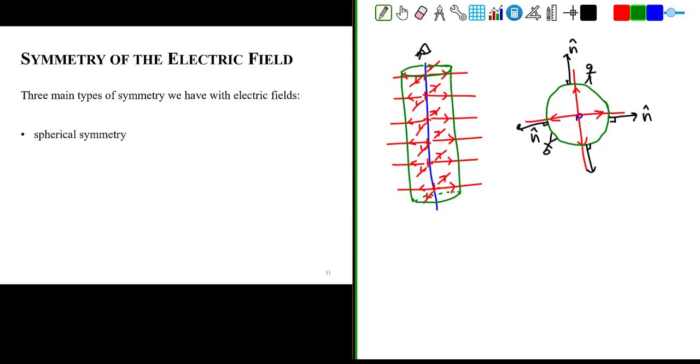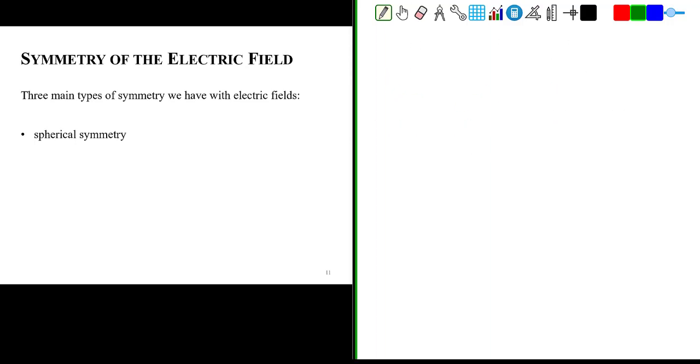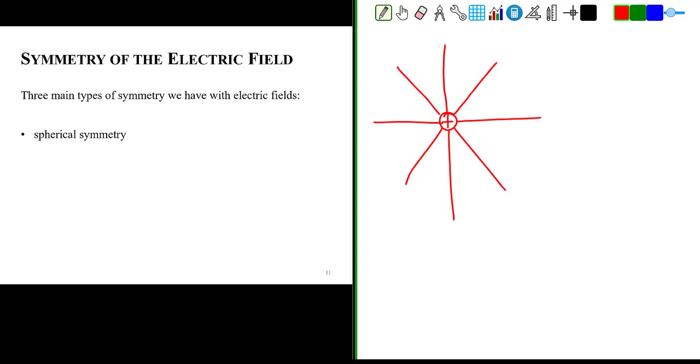Another type of symmetry with our electric field is spherical symmetry. Let us take a point charge. If we take that point charge and look at the electric field in the space surrounding that point charge, that electric field is spherically symmetric.